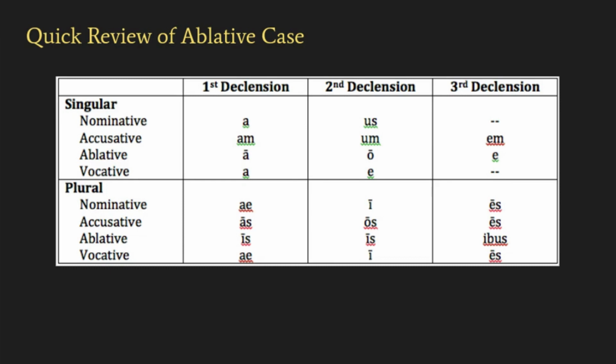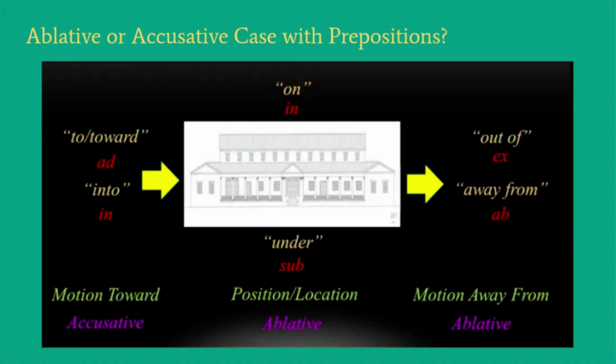The other thing you want to keep in mind is that in third declension, ablative singular, you have an E, a short E. That can look the same as second declension vocative, which also uses a short E. So again, this is why you need to know what declension your noun is beforehand and get used to them so you can kind of memorize them a little bit. The more comfortable you are with recognizing the declension, the easier it'll be to spot these endings and know what case you're looking at. So once you have that under control, you can dive into the grammar and understand about these prepositional phrases and whether we use ablative or accusative.